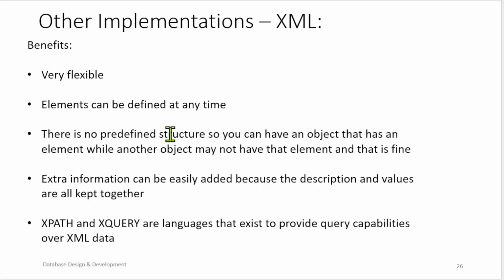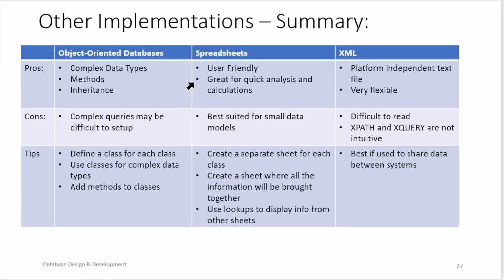There's no predefined structure, so you can build it however you want. And you have XPath and XQuery, which are languages designed to provide query capabilities over XML. And you can actually do XML parsing, and you can work with XML in SQL Server. It's baked into the system.